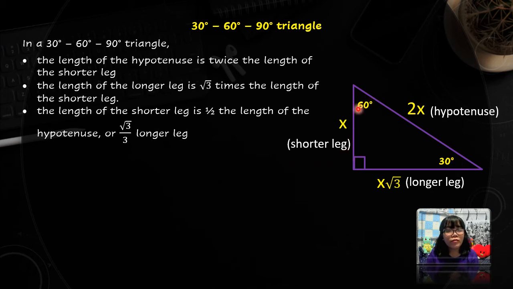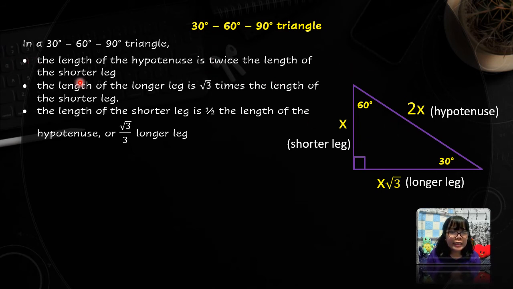The opposite of the 60-degree angle is our longer leg. And the opposite of our right angle will always be the hypotenuse. So, if in any case your 30-degree angle is here, then this side here is the shorter leg. And if the 60-degree angle is here, then of course this will be the longer leg. So always be sure of the locations of your angles.